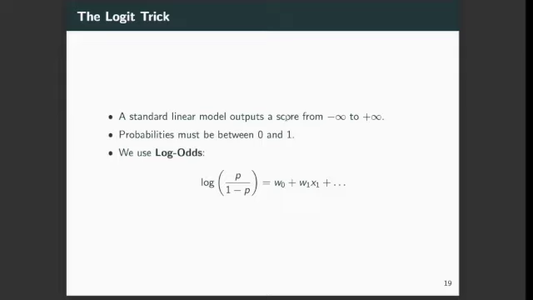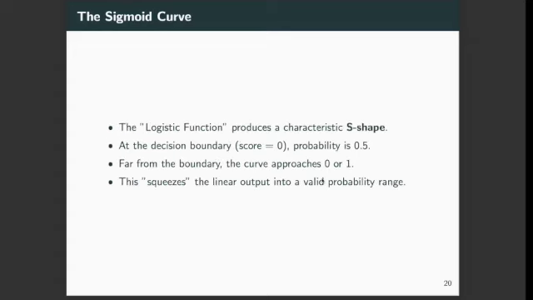To fix this, we use the log odds, which is the log of P divided by 1 minus P, equals W sub 0 plus W sub 1 times x, and so on. This creates the sigmoid curve, the S-shaped curve, which ensures that at the decision boundary, where the score is 0, the probability is 0.5. Far from the boundary, the curve approaches 0 or 1, which squeezes the output into a valid probability range.